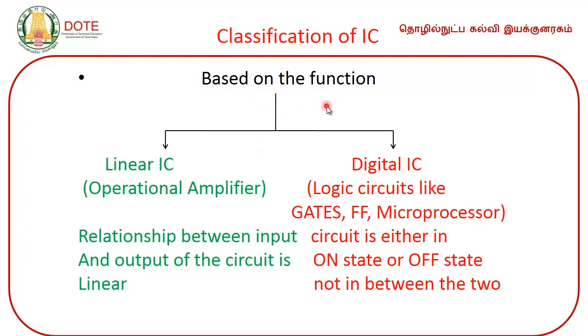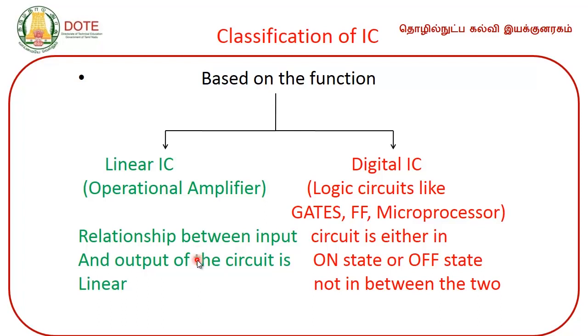Based on the function, the ICs are classified into linear IC and digital IC. What is linear IC? In a linear integrated circuit, the output of the circuit is linearly proportional to the input of the circuit. That means when the input voltage increases, output voltage proportionally increases, right.